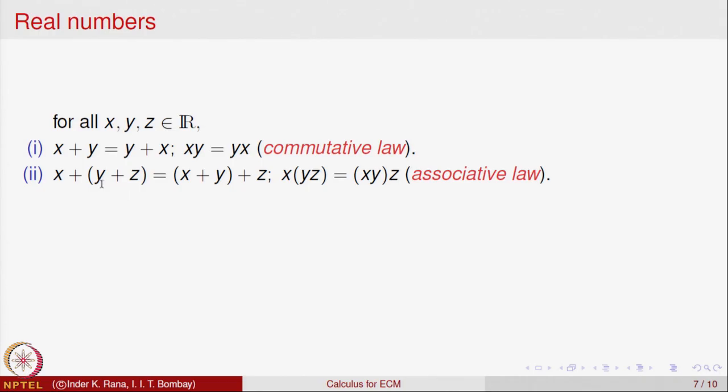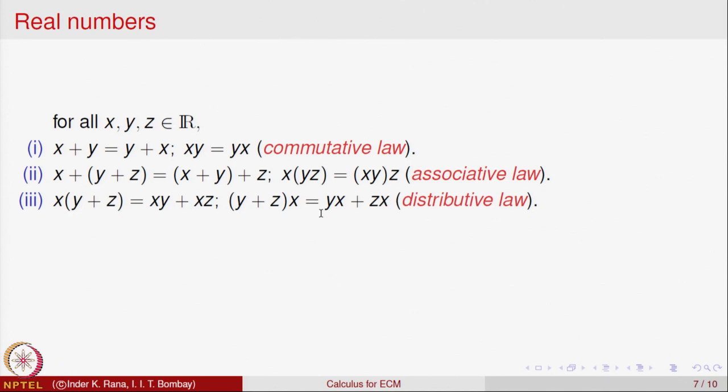First take the sum of y and z and then add x to it, or first take the sum of x and y and then add z to it, and you will get the same number. Similarly, if you take the product of y and z first and then its product with x, that is the same as taking the product of x and y first and then its product with z. So, these two are the commutative and associative properties of addition and multiplication.